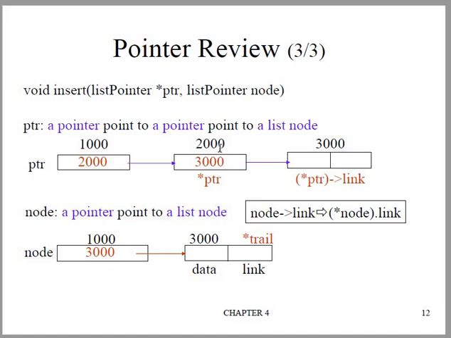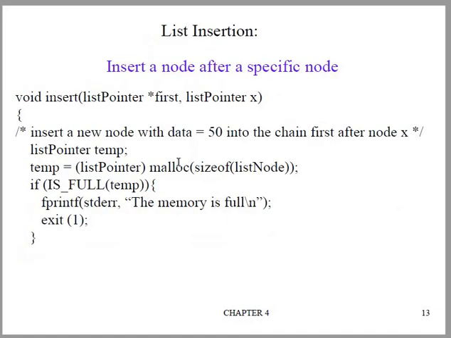In the new node's link, we have to capture the first node's link. Then after that we should make the first node's pointer point to the new node we have created.